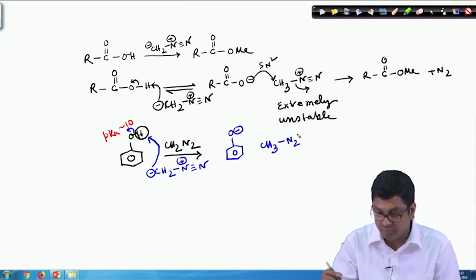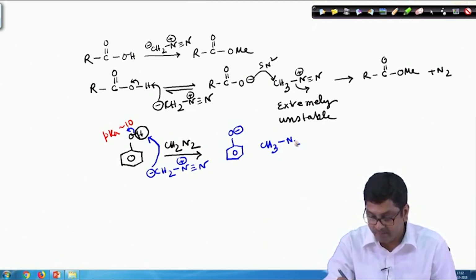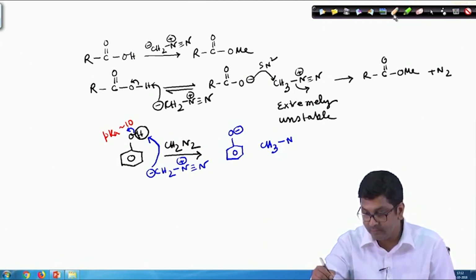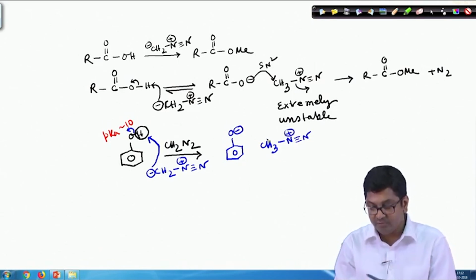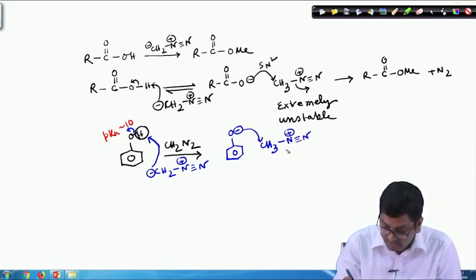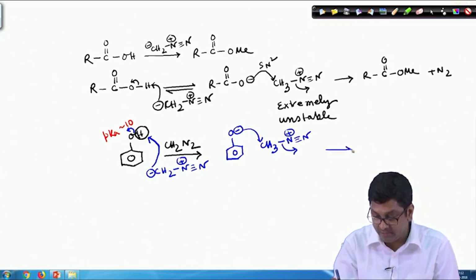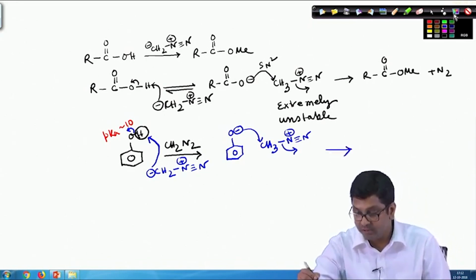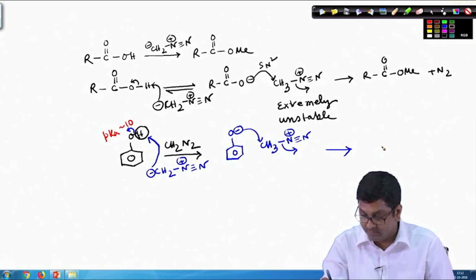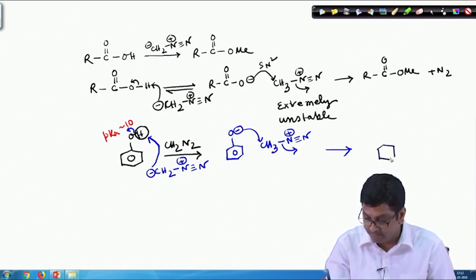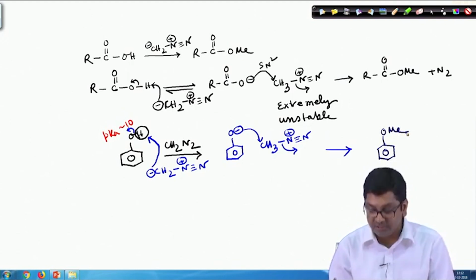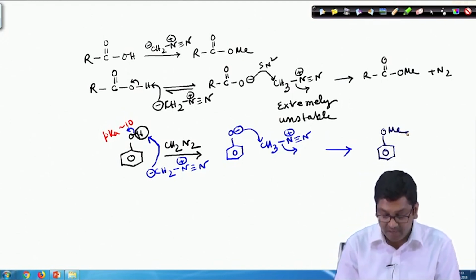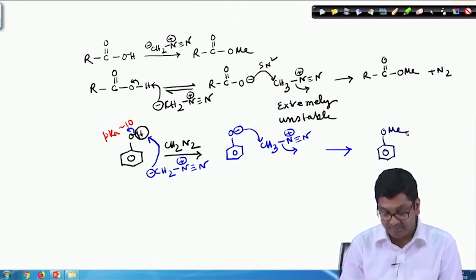So, rather I should draw it like the previous way, and this can attack over there and give you the corresponding methyl ether. This is called anisole. So, from phenol to anisole you can easily prepare in presence of diazomethane.